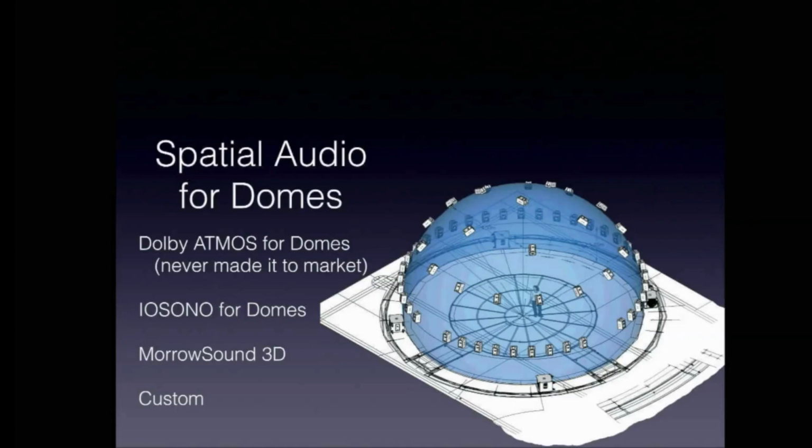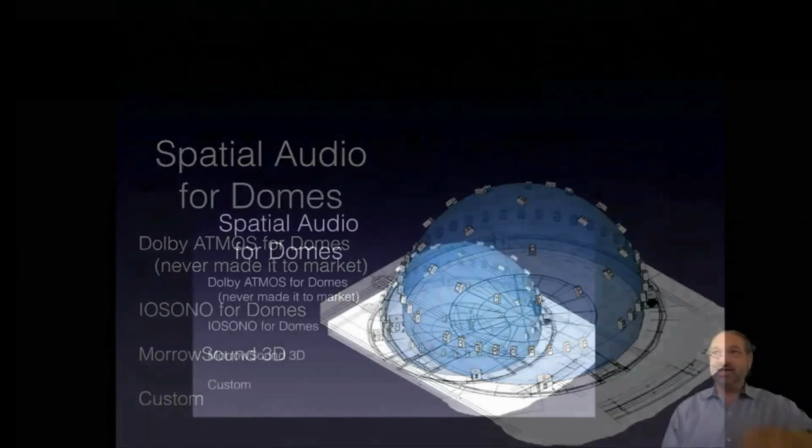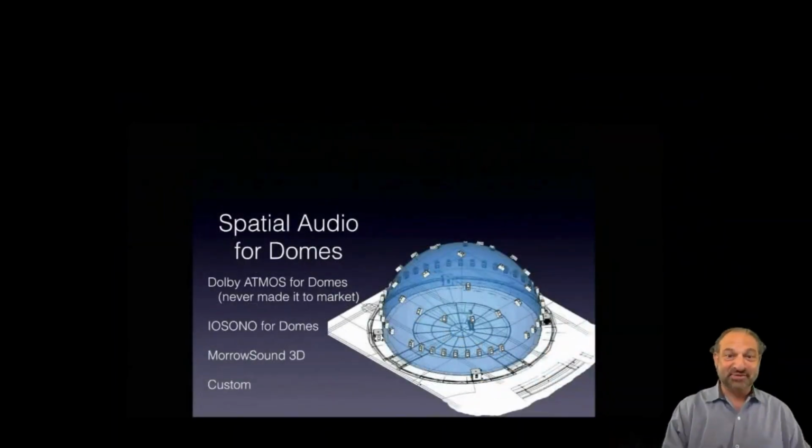Now, I didn't want to do a custom system. My planetarium has a staff of one, and you're looking at him right now. And I needed a more off-the-shelf system. Initially, the Dolby Atmos system was the one that I was very interested in because I thought it would have the biggest compatibility with soundtracks that might be emerging.